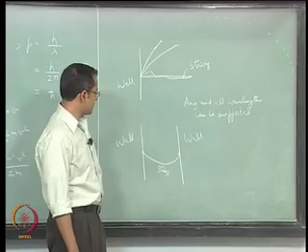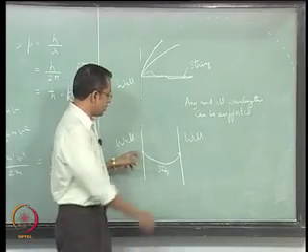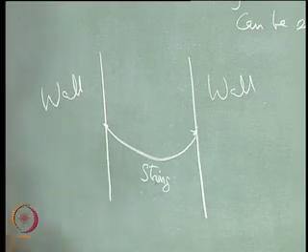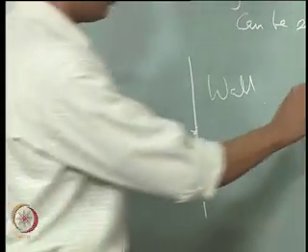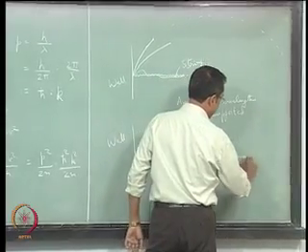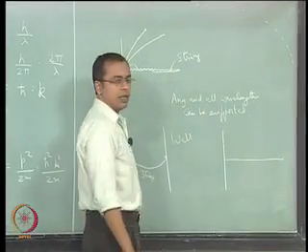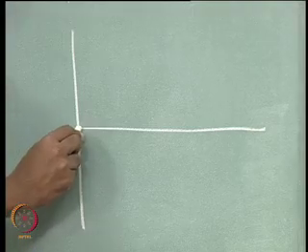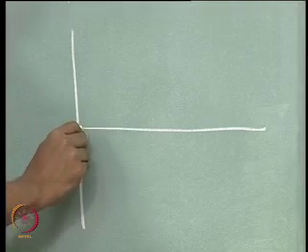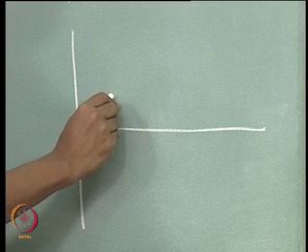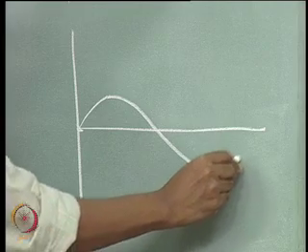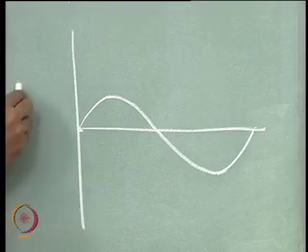What we will find is that because the two ends are tied, when we talk of a wave, first of all we have some origin about which this wave is being drawn. So it has to start somewhere, if it is a sinusoidal wave it has to reach a maximum, come back to 0, go to a negative maximum, come back to 0, that is the way we look at a sinusoidal wave.